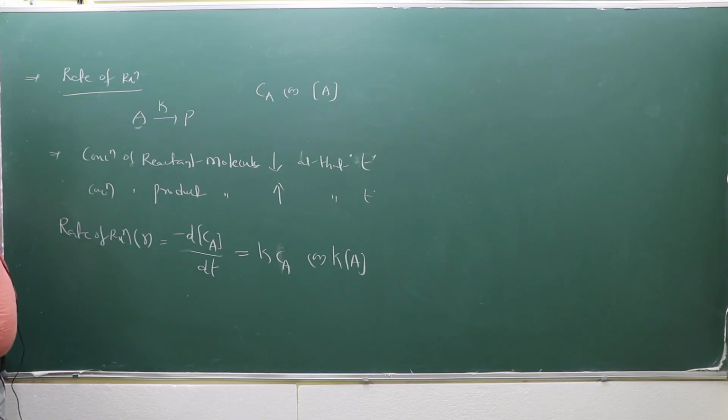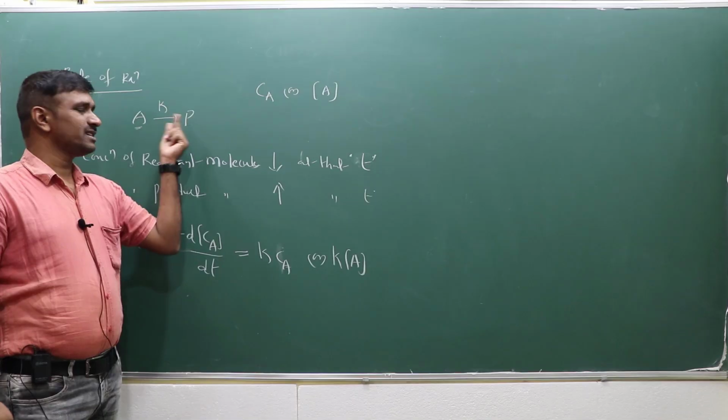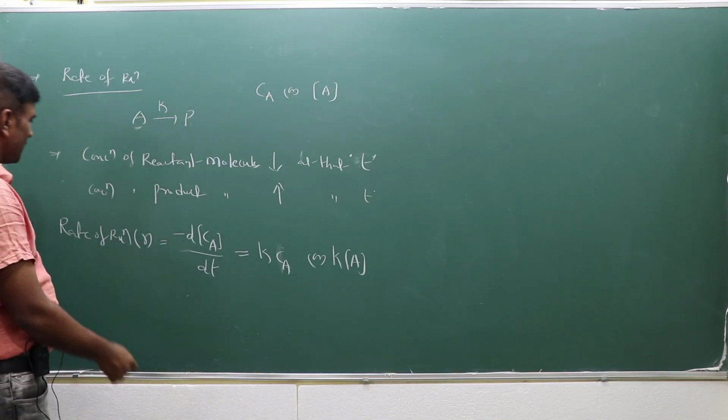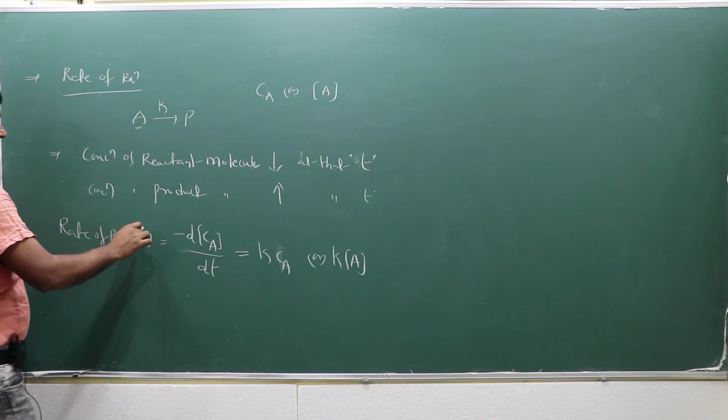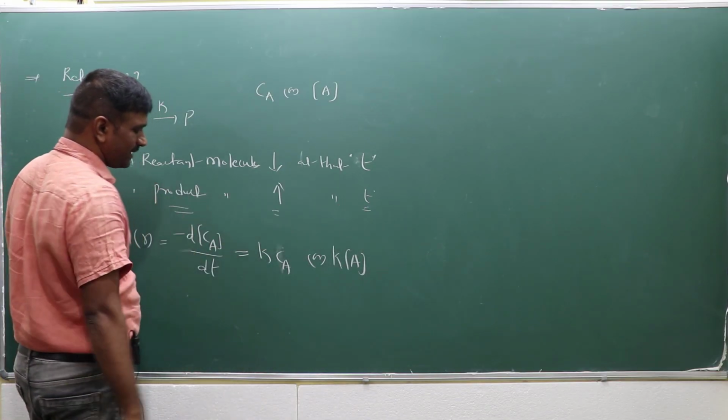Similarly, according to the rate law equation, we have to consider the product also, not only the reactant molecule. While the reaction proceeds, the concentration of the product increases in the given time t.